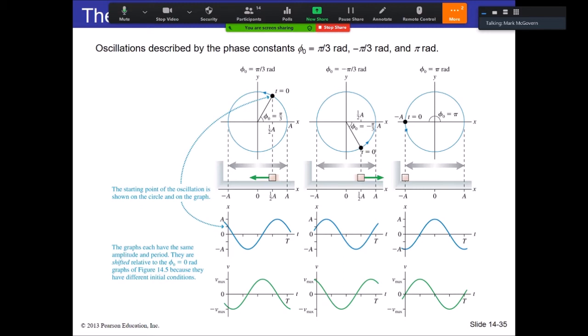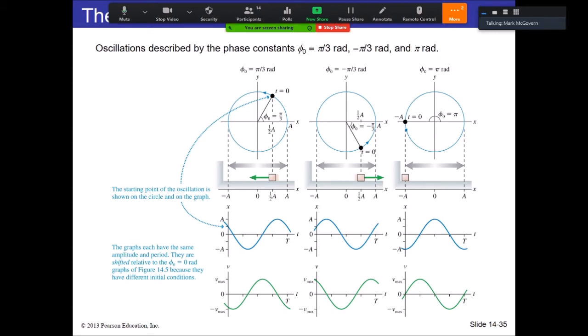If you look at the graph for the cosine function for the position here, it's like you took your graph and shifted it to the left, which is like starting a little bit ahead of what we normally would do, and then the motion continues from there. If we had a minus pi over 3 radian phase shift, that means we're starting a little bit before the amplitude. So we're already moving to the right and approaching the max position there. It's like taking your cosine graph and shifting it over to the right.